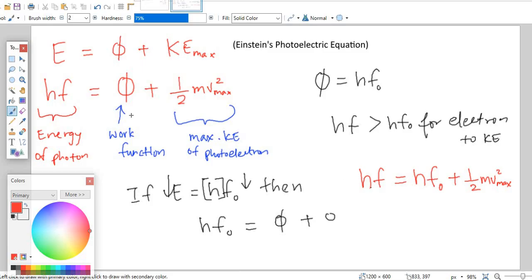Now if hf, the energy of the photon, is equal to hf naught, that means if the frequency of the photon is equal to the threshold frequency, then the kinetic energy will be 0, because always this has to be either equal to this or greater than this, otherwise the electron won't be emitted. If hf is greater than hf naught, then there will be photoelectrons. The electrons will be emitted from the metal surface. So very important that you understand this. In the exams they have asked about this.